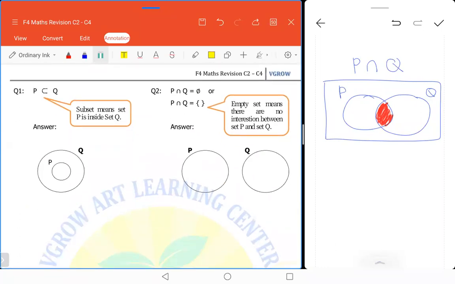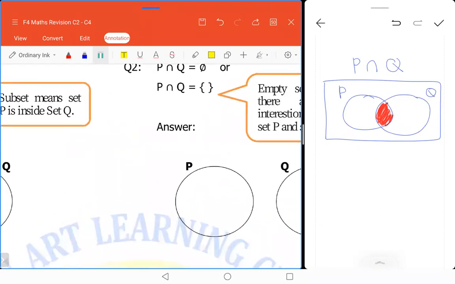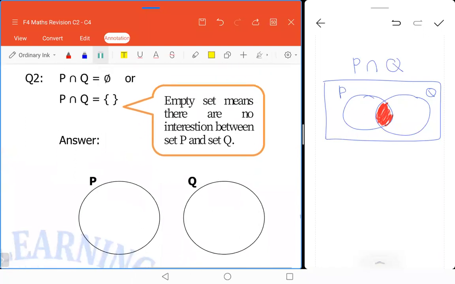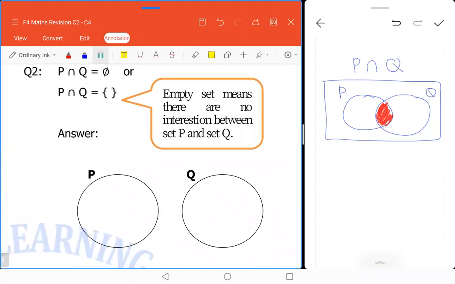So this is what I have explained just now. P subset to Q means inside. Okay, all right. So P, you see the second one, P intersect Q equal to empty set. So what is the meaning of empty set again? Means no element. So it means it is not intersecting or touching.